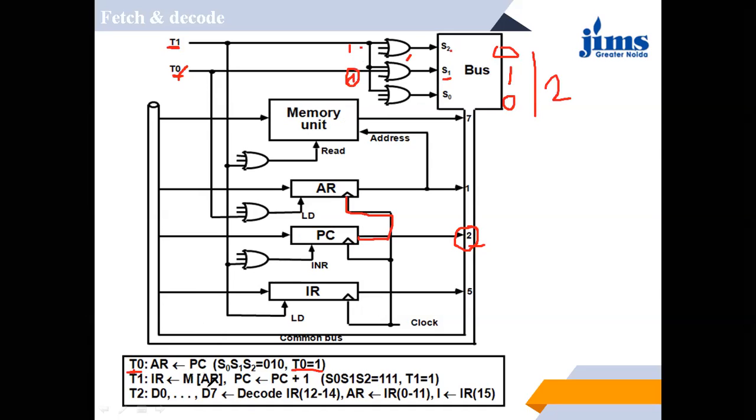It reads the memory at a location where the address is written in the address register.